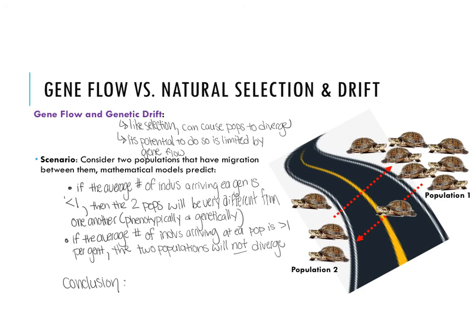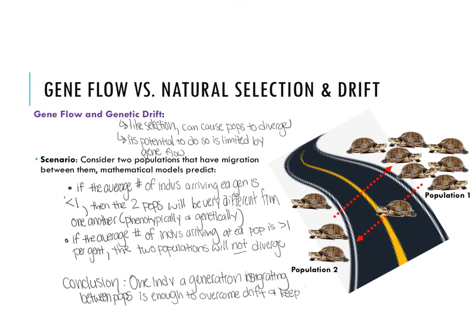One individual a generation migrating between populations is enough to overcome drift in most situations and keep the populations looking similar.